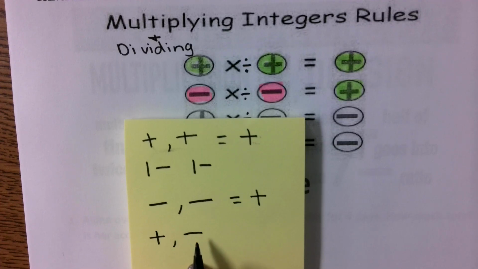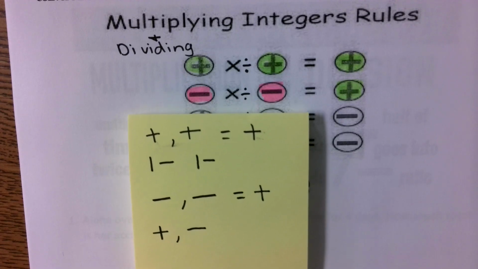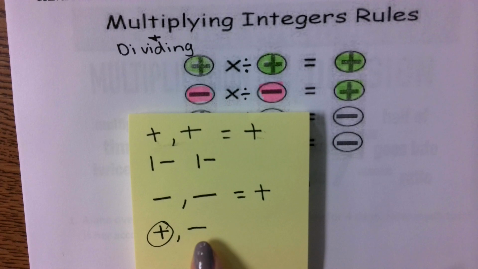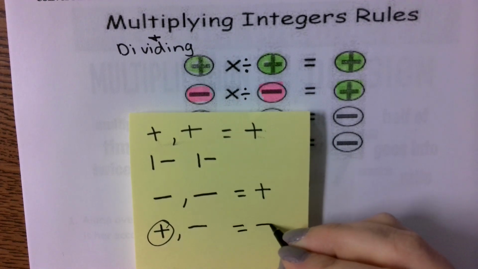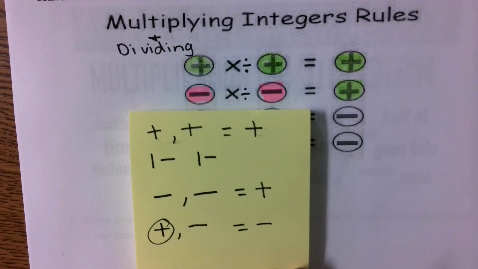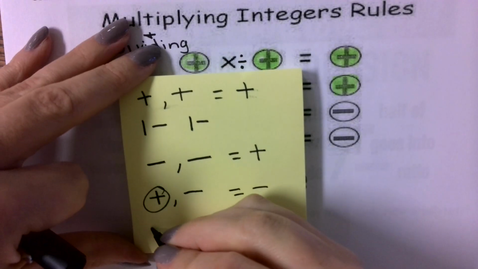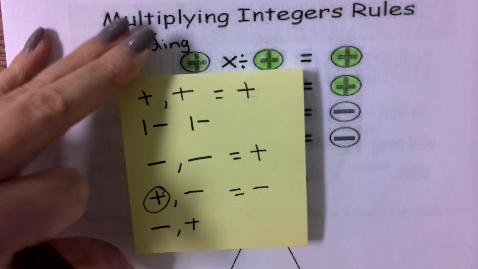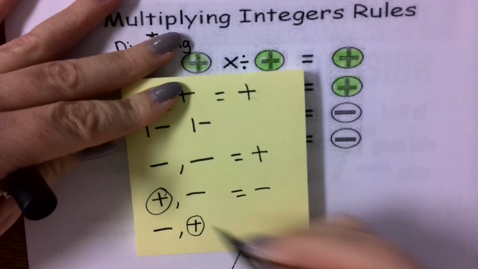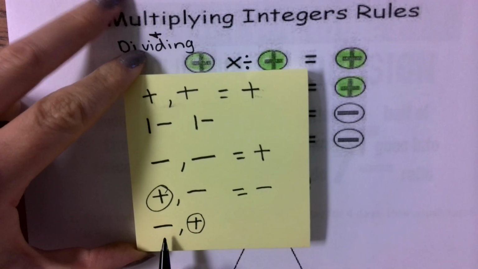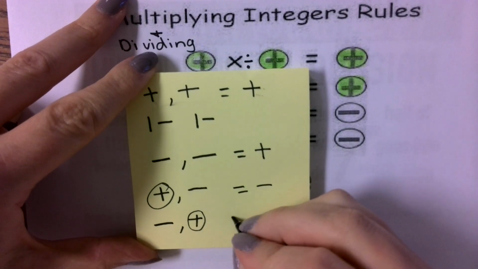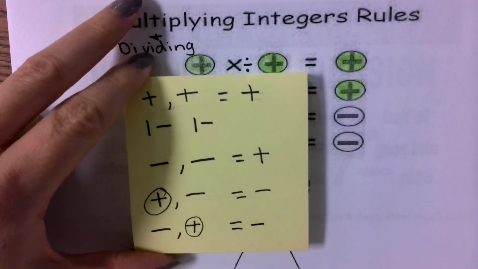So do I have enough to make only positive signs? No. It takes 2 lines to make a positive sign. So I have 2 lines here, but I don't have enough lines here to make another positive sign. So my final answer is going to be a negative. Same thing for the bottom one. If I have a negative and a positive, I have enough lines to make one positive answer, but I don't have enough lines to make another positive. So it's going to equal a negative answer.